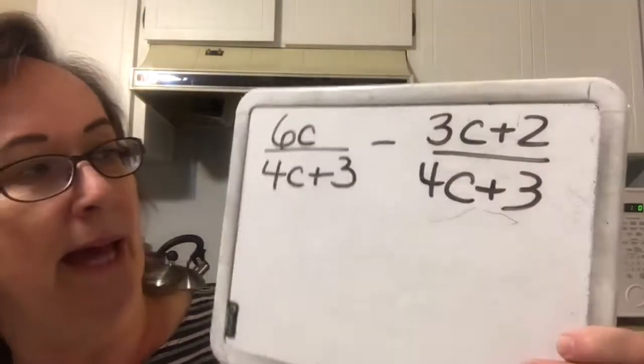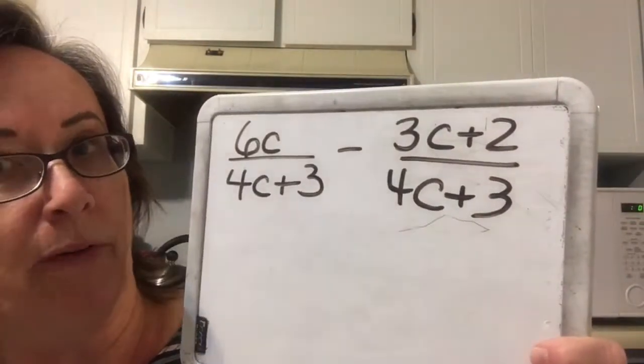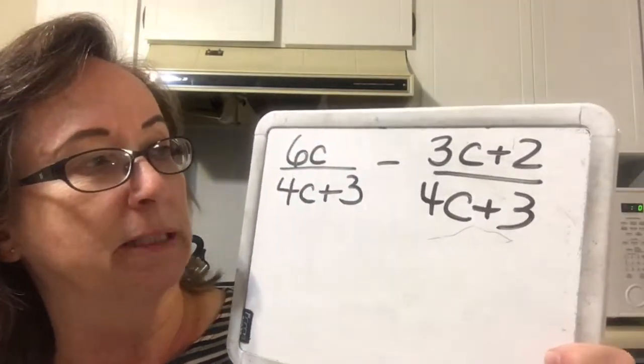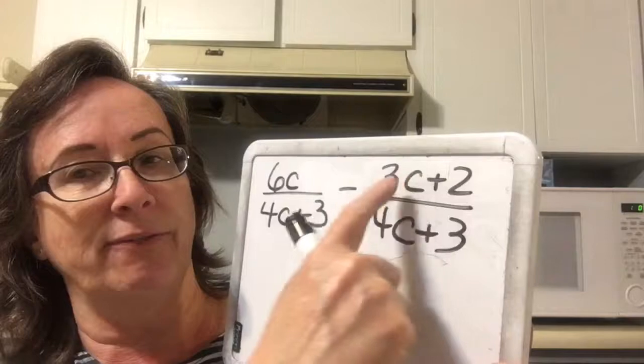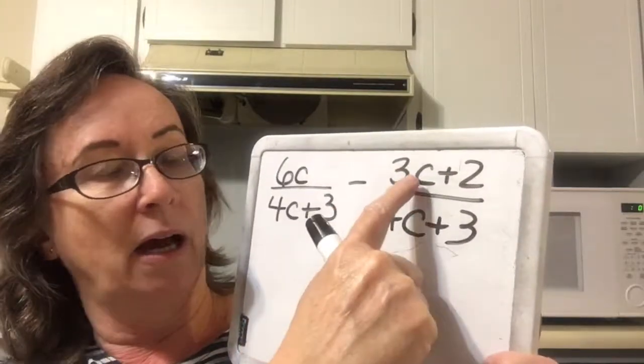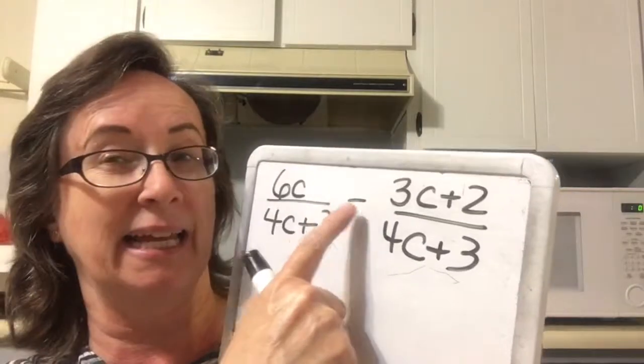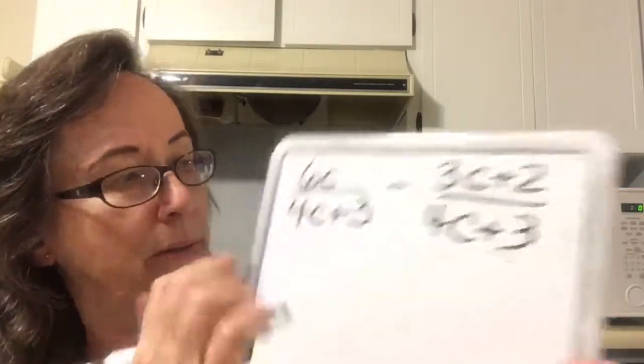Okay, so here we have 4C plus 3 on both denominators. So I am ready to subtract, but I do have to remember, since I have a two-term numerator over here behind the minus sign, that this minus sign is like a -1 distributing through.